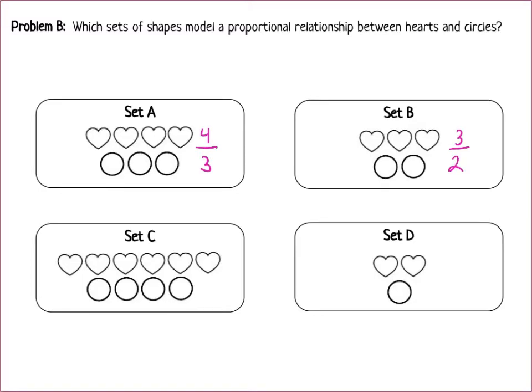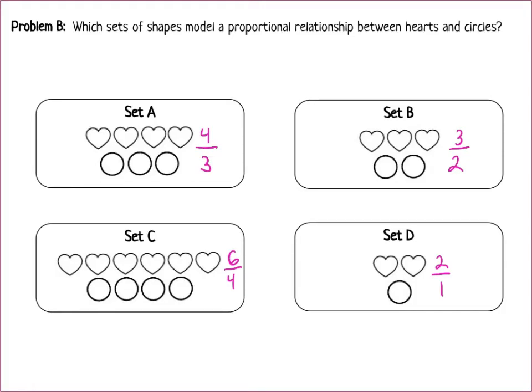In set C, I have 6 hearts to every 4 circles. And in set D, I have 2 hearts to every 1 circle. Now, none of these appear to be the same proportion. So what we need to do is make sure that every fraction is in simplest form before we can see if there's a match.